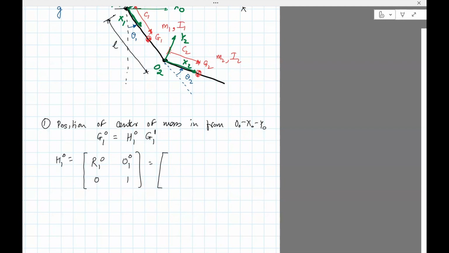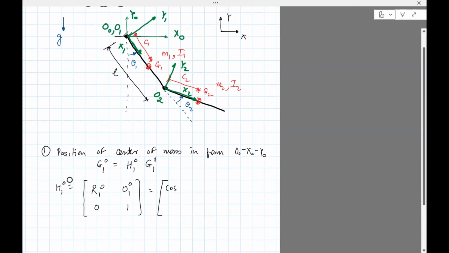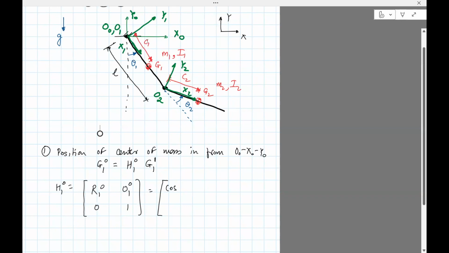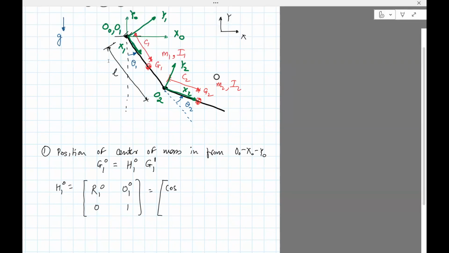R10 is cosine of the angle made by frame 1 with respect to frame 0. So essentially, it's the angle made between x0 and x1. Okay.